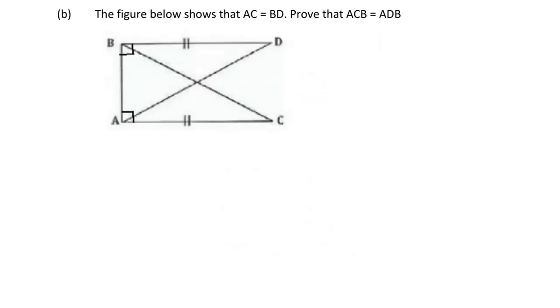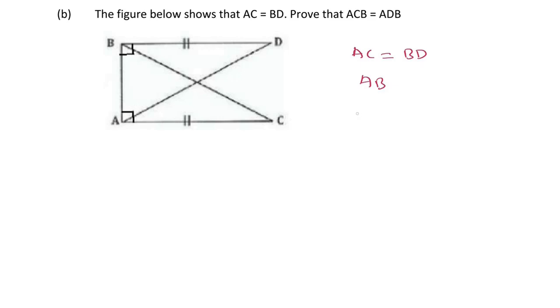Part B of the question, the figure below shows that AC equals BD. Prove that ACB equals ADB. Okay, so this is the congruent problem. From the question, we've been told that side AC equals BD. And we can see that AB is a common side for both triangles ABC and BAD.